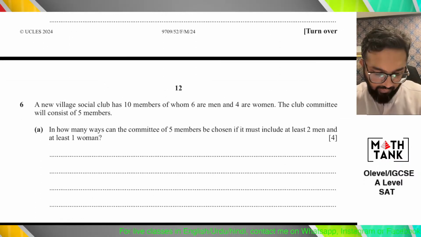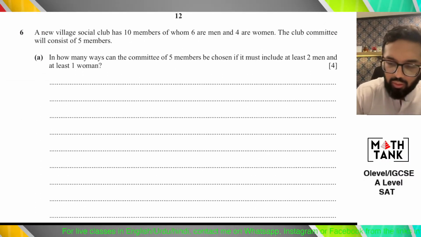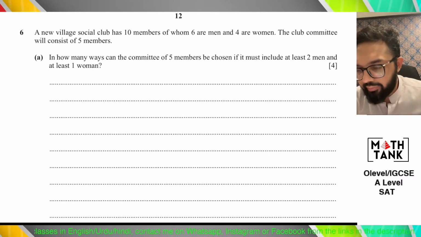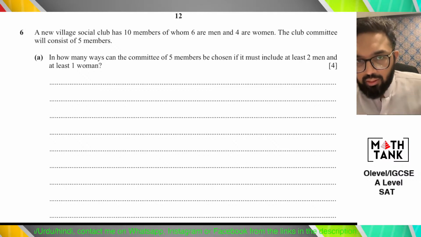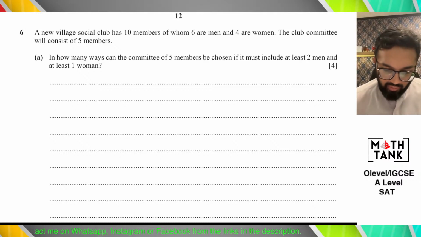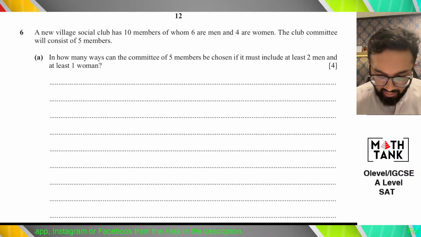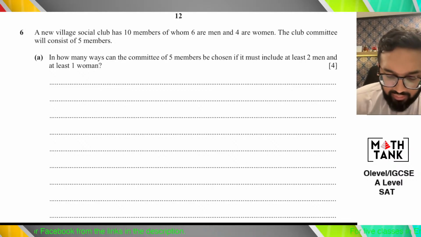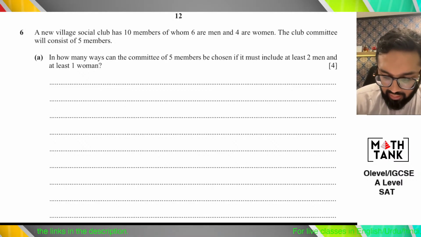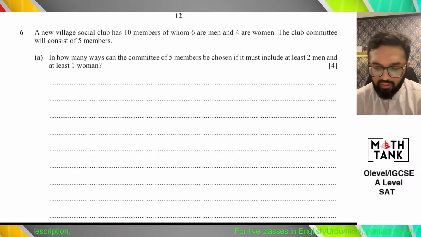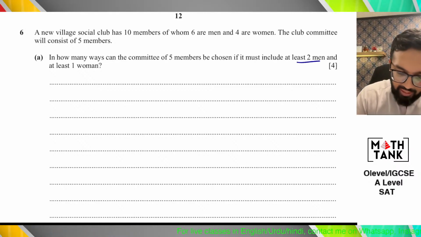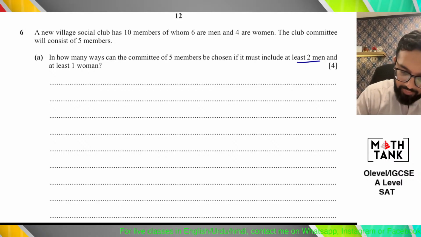Okay, ये combinations का सवाल है. A new village social club has 10 members, of whom 6 are men and 4 are women. The club committee will consist of 5 members. In how many ways can the committee of 5 members be chosen if it must include at least 2 men and at least 1 woman?